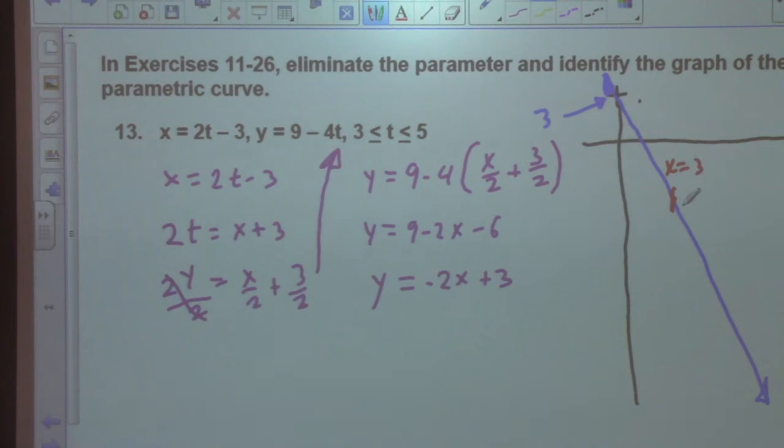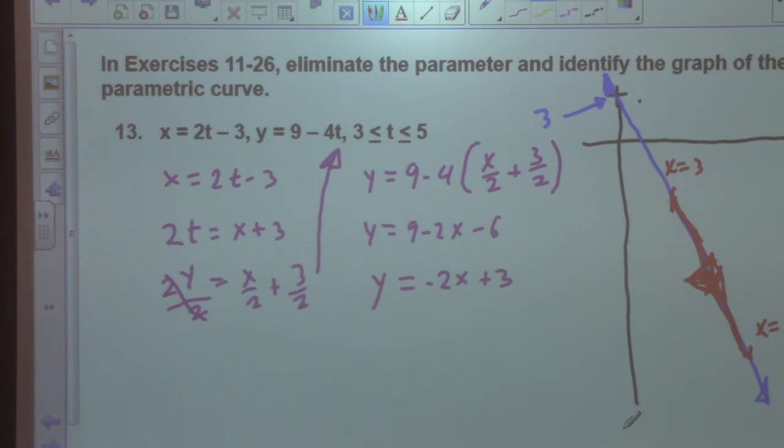And then if you plug in t equals 5, what do you get? x equals 7. So then it goes down to x equals 7. So what you're doing is that the actual thing, when you look at it, is just this part of that line, going in this direction. Does that make sense? That's an ugly looking arrow though. But that's what it is.